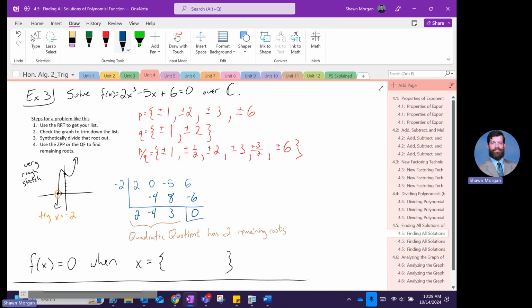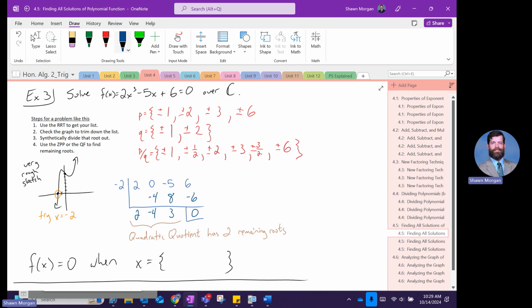What are my other 2 roots going to be? They're going to be complex numbers that occur in a conjugate pair. When there's only one x-intercept, no multiplicity, and it's a cubic function, the other two are going to have to be complex.